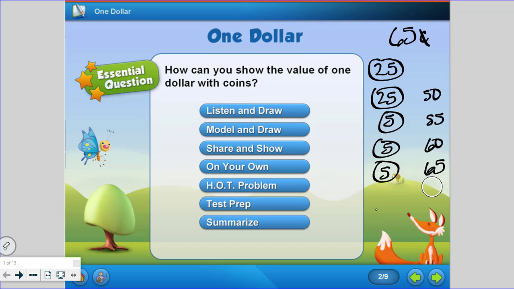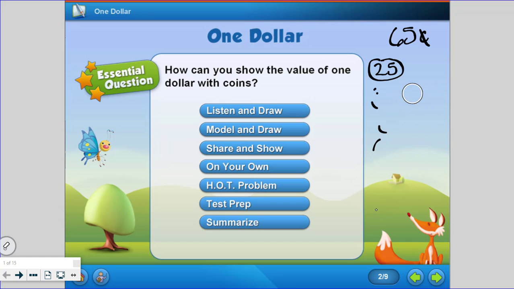Another way you could have done it is you could have started with 1 quarter and stayed with that. And then from there, you would only need nickels, right? So 1 quarter is 25 cents, and we're going to count up by 5s with our nickels till we get to 65.